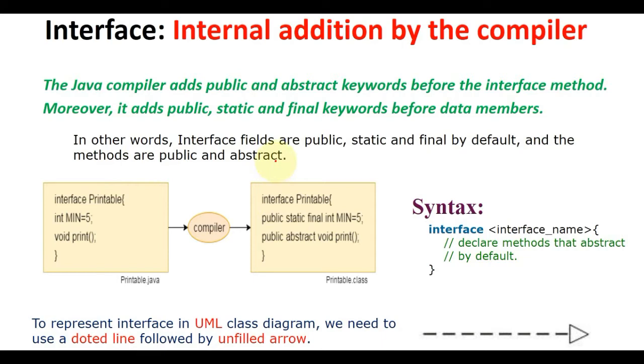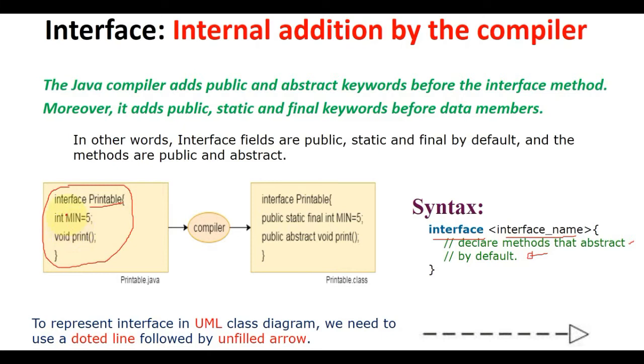When we declare an interface, we do it this way: first we write the interface keyword and the interface name, and then the data member and the method.